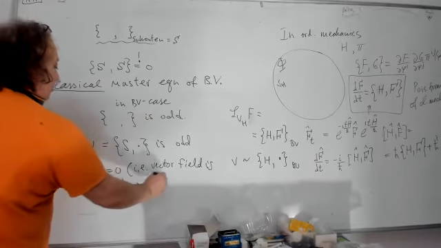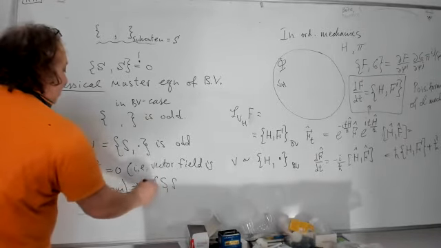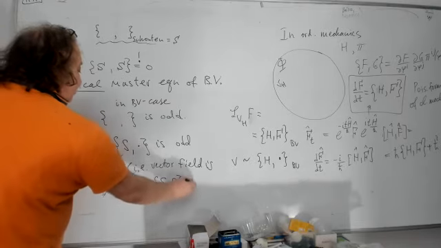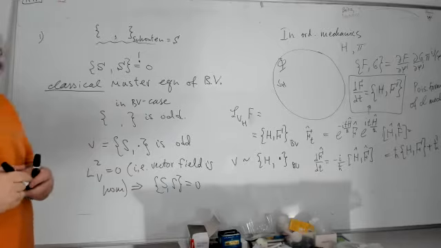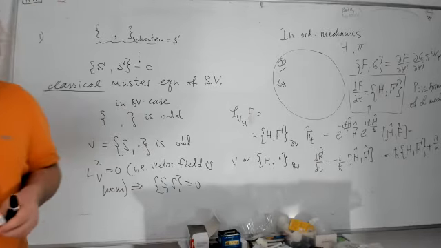And this is equivalent to the bracket of S with S equal to 0. So this condition is the condition that the vector field that is generated is homological. Okay?